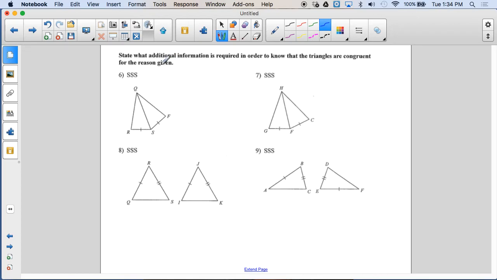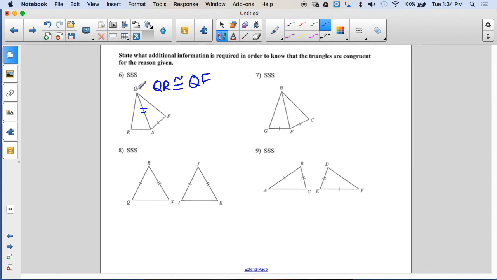Okay, now we're going to state what additional information is required or needed in order to know that the triangles are congruent. So for side, side, side, I already know QS is congruent to QS. What I need to know is that QR is congruent to QF.